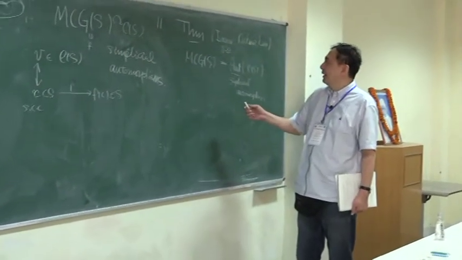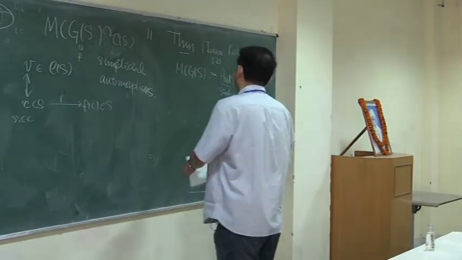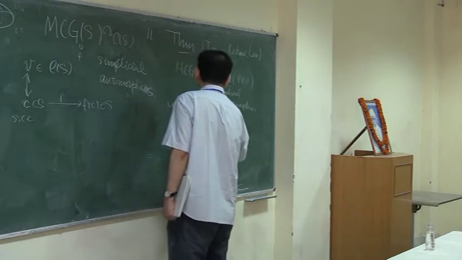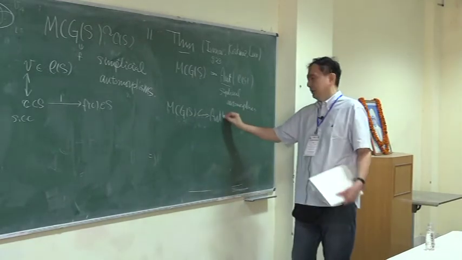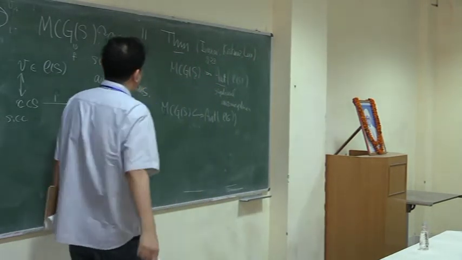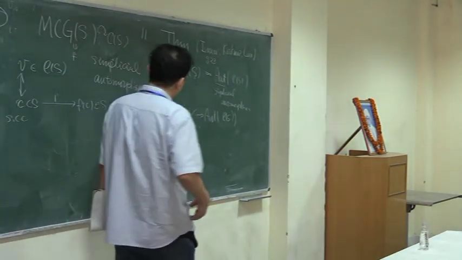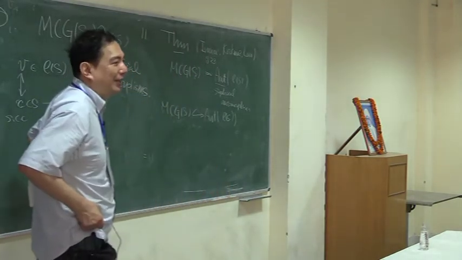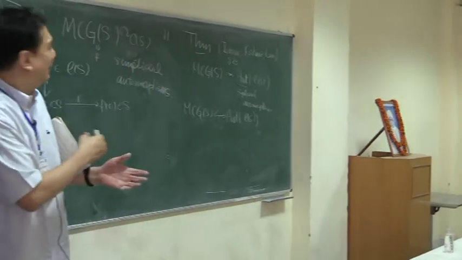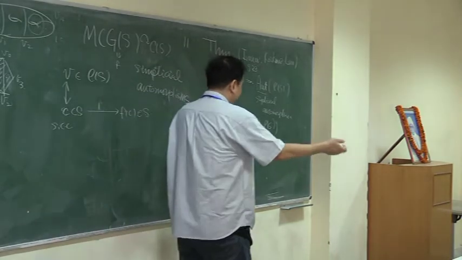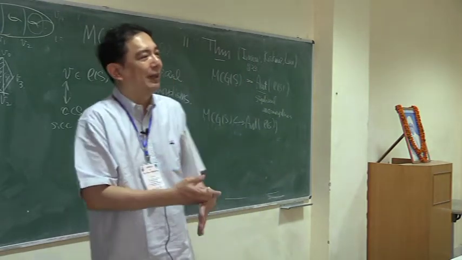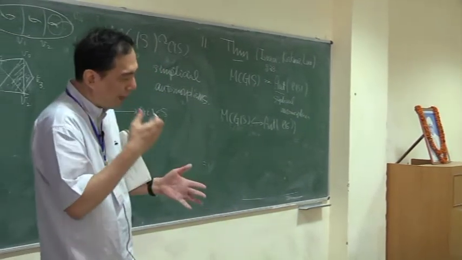And it's easy to see you have an injection. Every element of the mapping class group induces an automorphism. And if the images are equal, that means you have information on the image of all curves. Then it's easy to see that they should be the same mapping class.